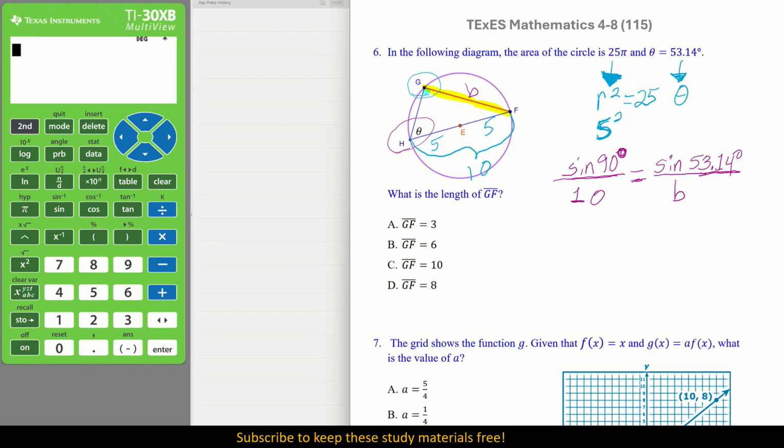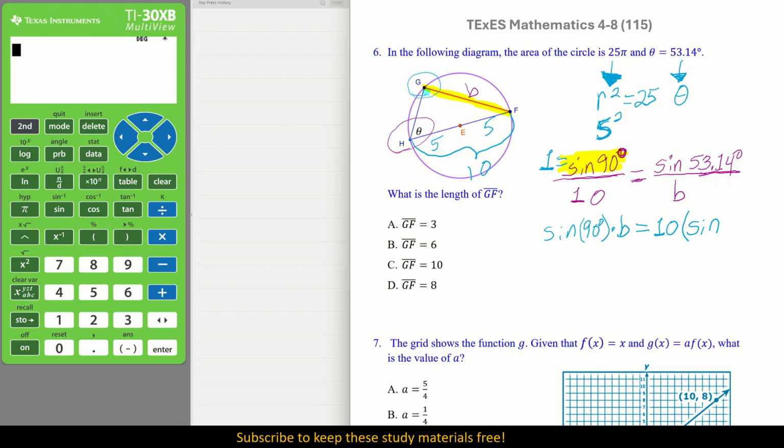Well, you need to know this property. What does this equal? Actually, that equals 1. Okay, but let me line it out for you. I have the sine of 90 degrees times B equals 10 times the sine.